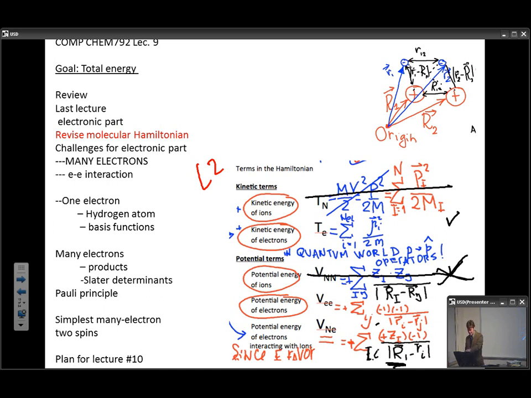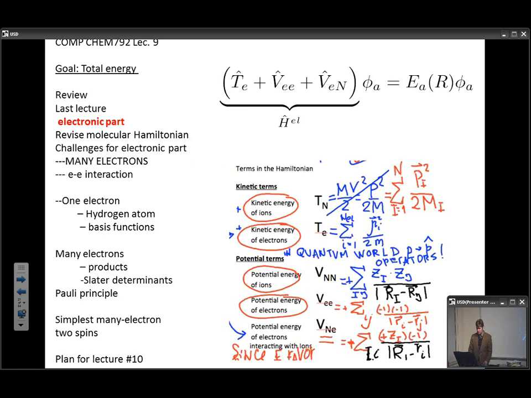And there is also a next bad guy who makes our life difficult, the interaction of two electrons with each other. So this term will attract additional attention. So we have 1, 2, 3 terms, and they are entering the Hamiltonian for the electronic part.